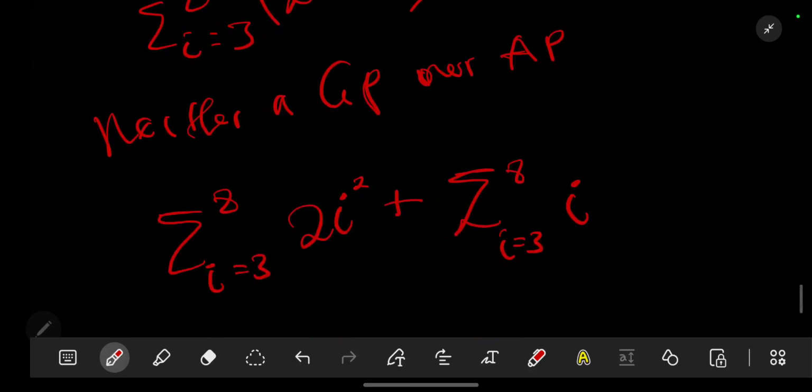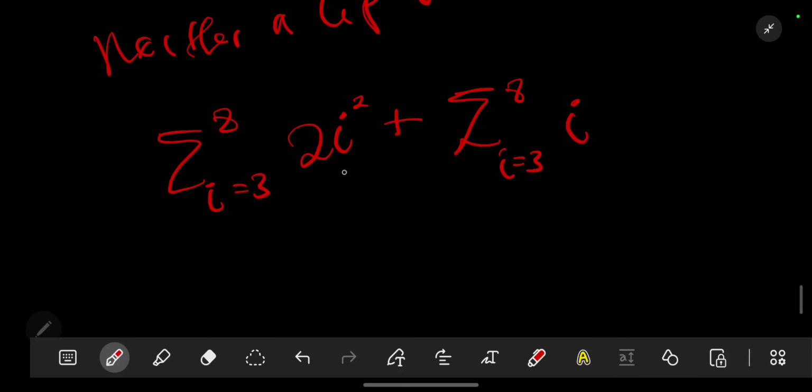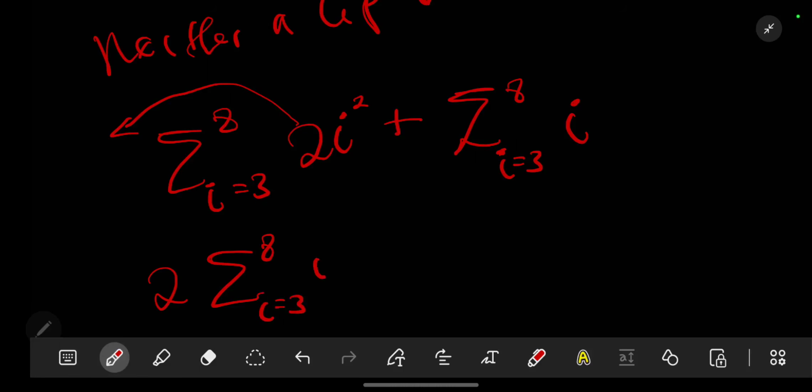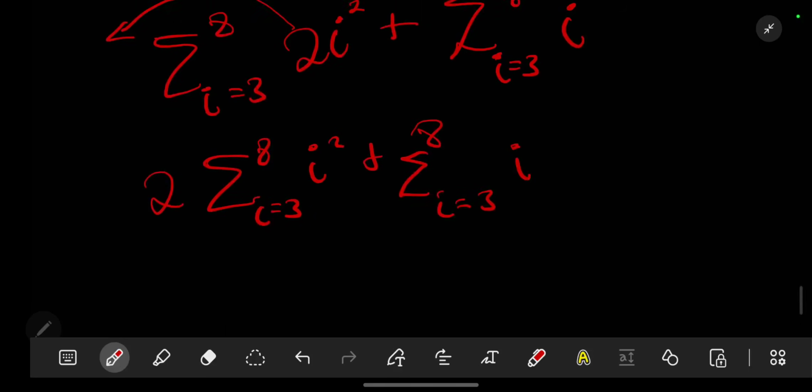So by doing that, what are we going to have? So we are going to get our 2I squared plus this value. These two can be thrown there. If you want, you can replace, but this makes your work easier. 2 summation of I is equal to 3 to 8 of I squared plus the summation of I is equal to 3 to 8 of I. Then do your math now.